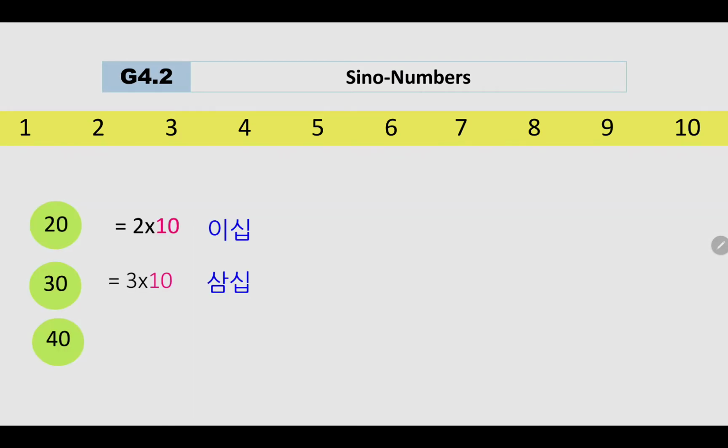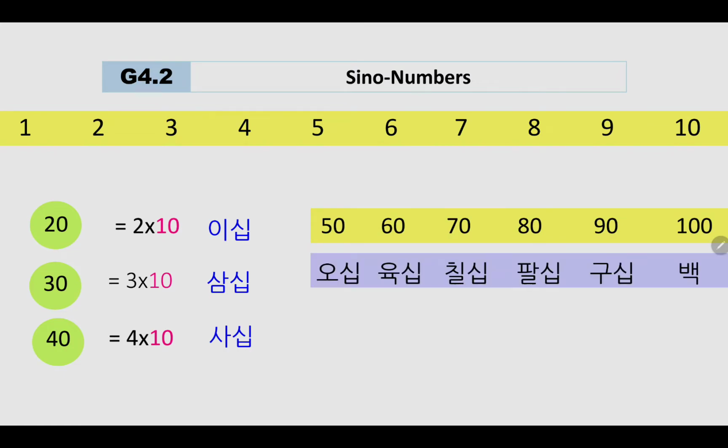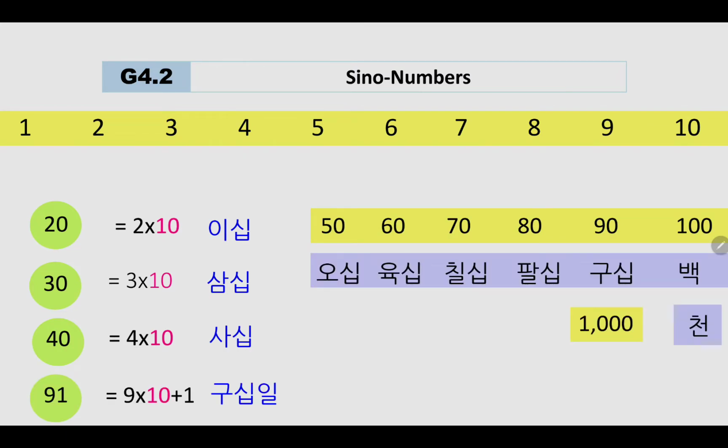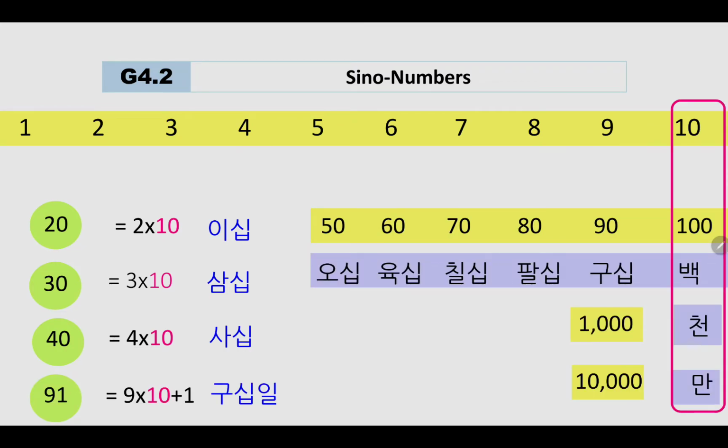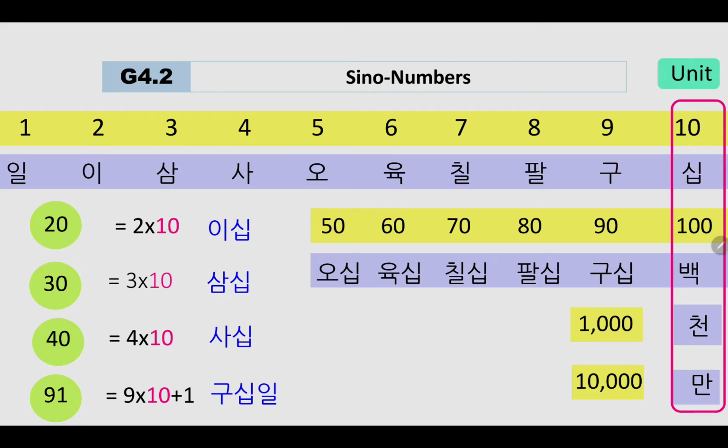Okay, now let's go to bigger numbers. For 20, because there are two tens, we just say 20, right? For 30, we say 30, 40, and so on.